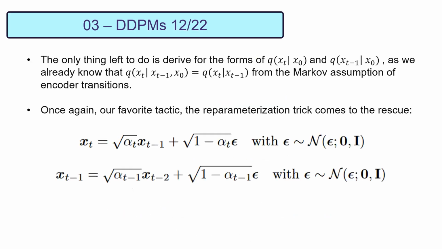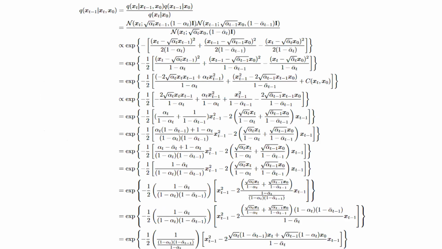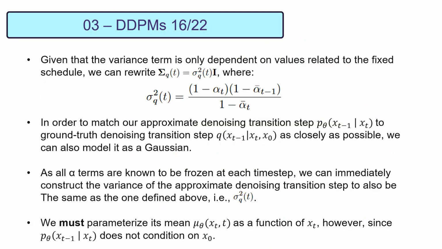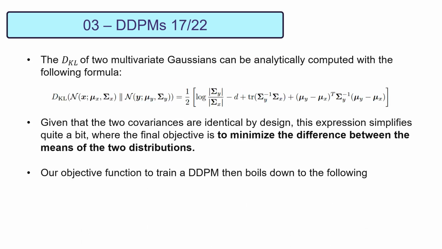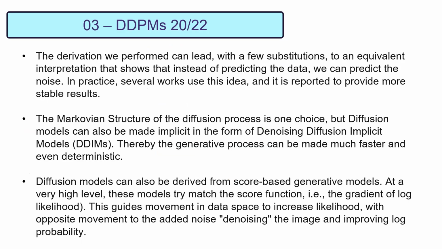The problem though is that to get the results, you need to reverse the process from T to 0 because of the Markovian structure, because you only depend on the previous time step. And actually, there's an amazing solution proposed by a group that's very good at diffusion models, which is Denoising Diffusion Implicit Models. Essentially, they make x0, the condition that we said was superfluous, a condition of the diffusion process.